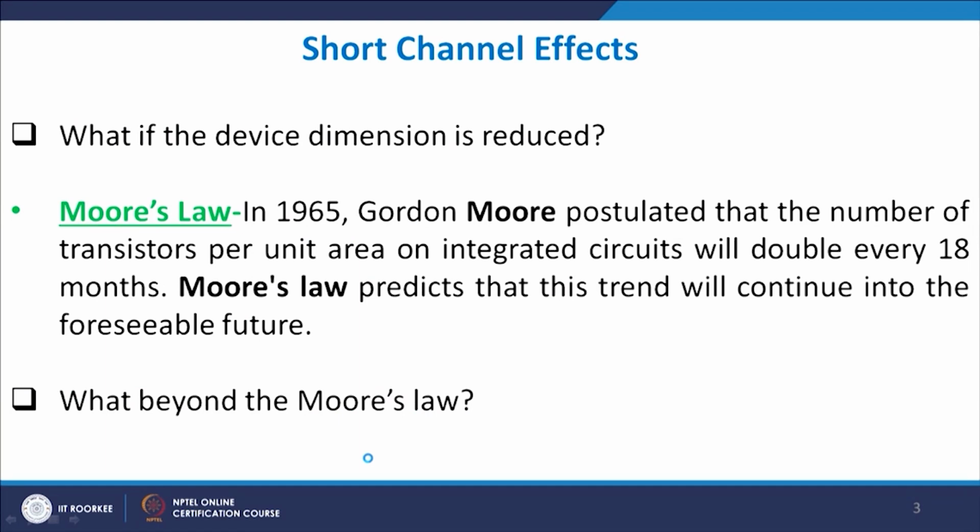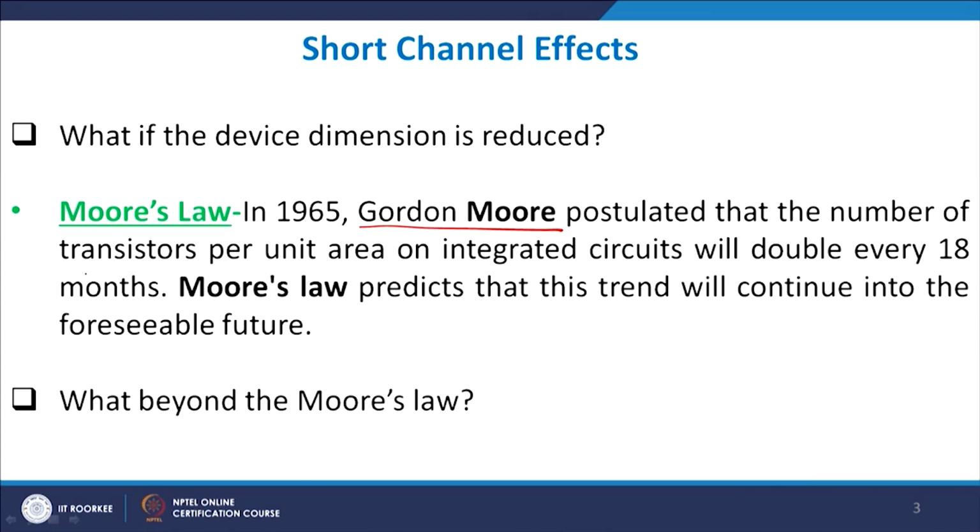Now why did short channel effects come into picture? See, in 1965 Gordon Moore, a scientist, predicted a very important trend, very famously known as Moore's law, which is very famous within the semiconductor industry as well as in academia.